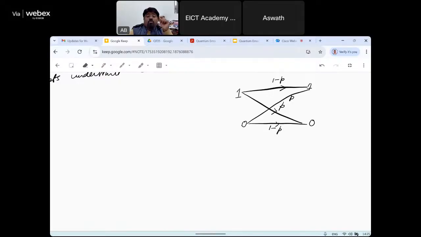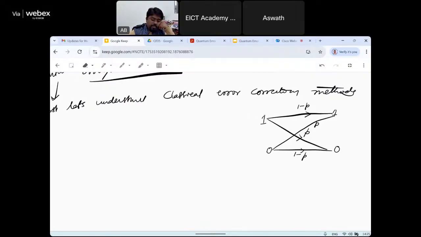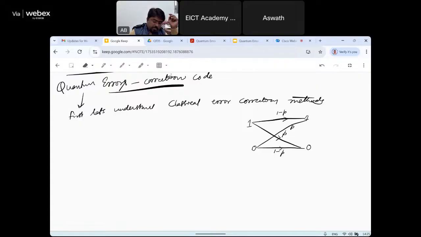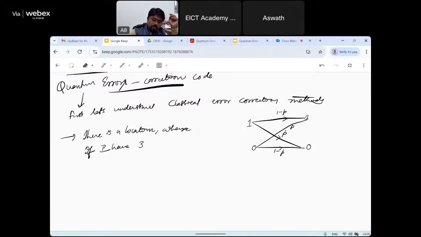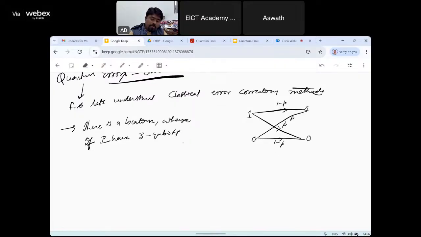Now, after knowing this, the question is how to tackle it. Suppose there is a location where I have 3 qubits, and only one qubit flips.